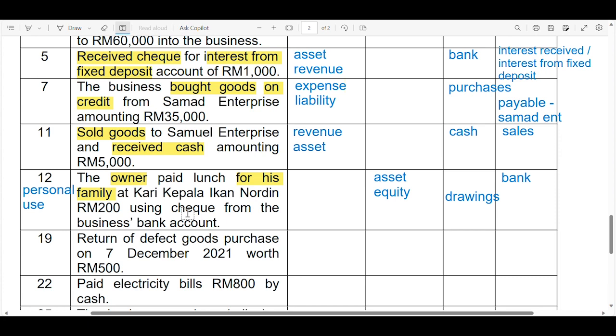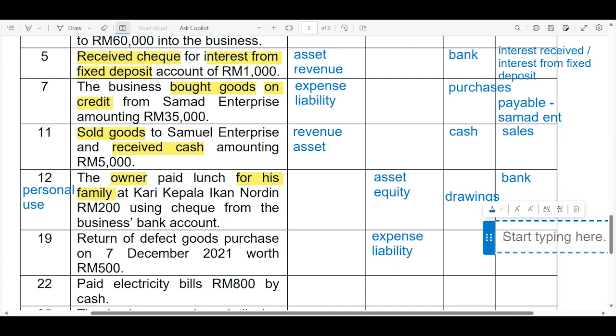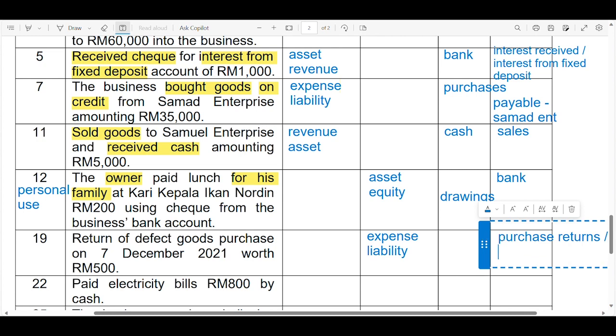So when the business returned, there's a decrease in expense as well as the liability. Decrease in expense, you credit. What expense account to be credited here? Is it purchases? No, it is purchase returns, or return outwards.